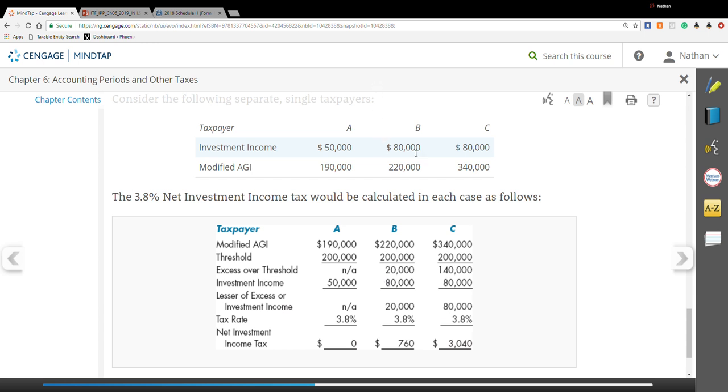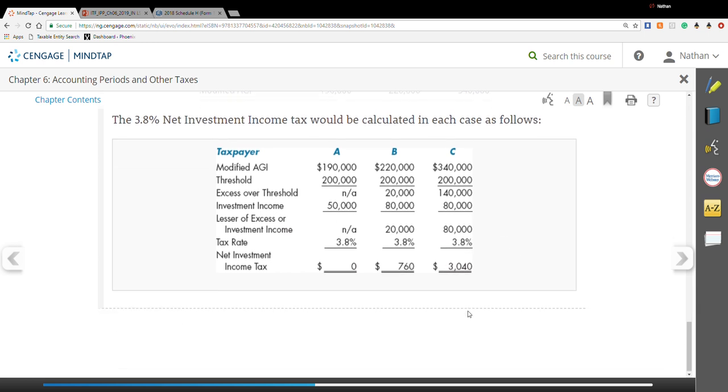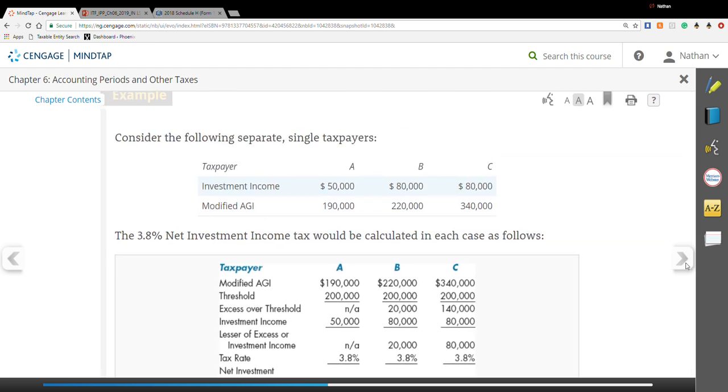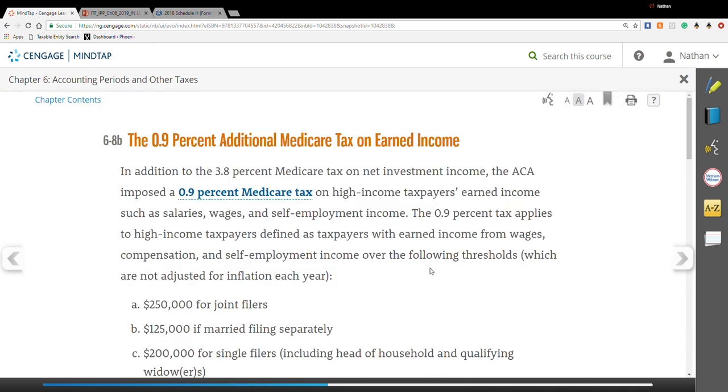Investment income was 80K, take the lesser, 20,000 times 3.8%, 760. Here again, this time we have 340. Their investment income is 80K. 80K happens to be lesser than the excess, so we take the 80 and times that by 3.8. And that's it on that.